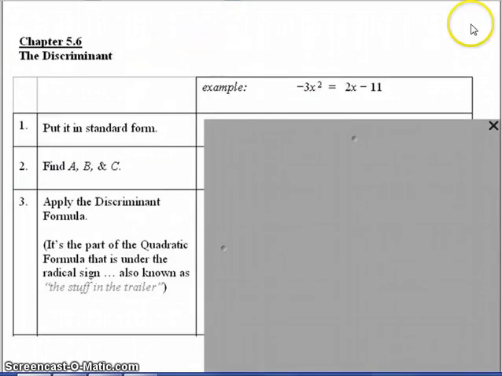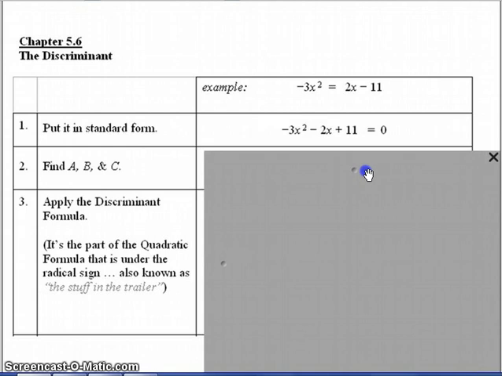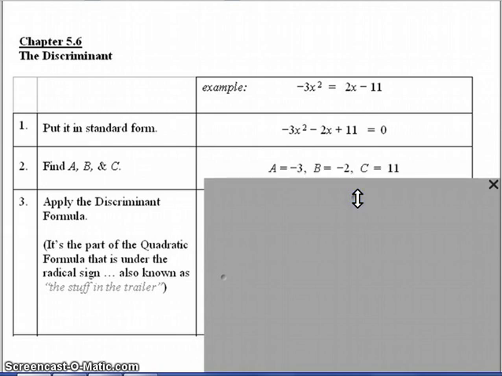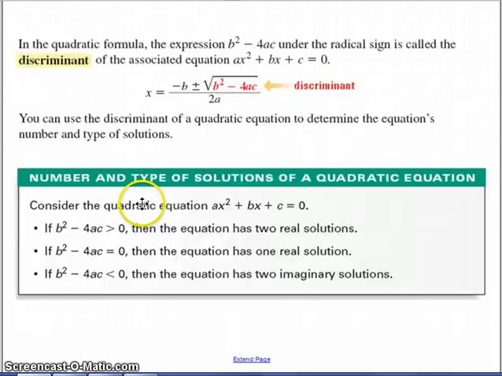The guide that I've got on my website also talks about the discriminant. It works this through. So step 1 here is to put this example in standard form. I move all the pieces on the same side. I end up with negative 3x squared minus 2x plus 11 is equal to 0. Once again, I find a, b, and c. There they are. This time I only applied the discriminant formula. Let's go back and remind ourselves.